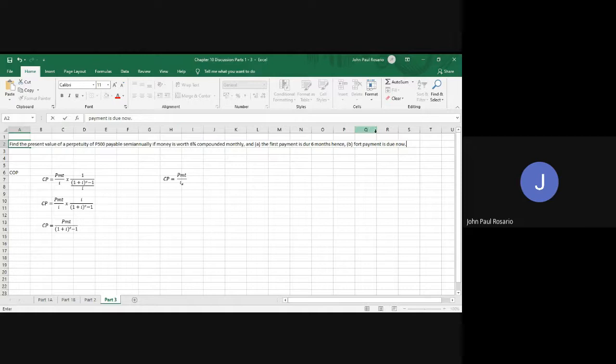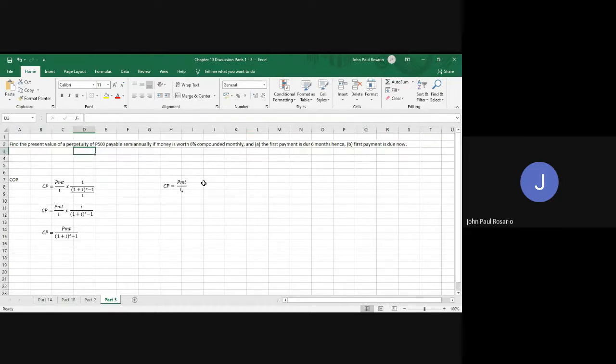First, our relevant data. Our payment is 500, and our INOM is 6%, which gives us an I of 6% over 12 since it is compounded monthly.